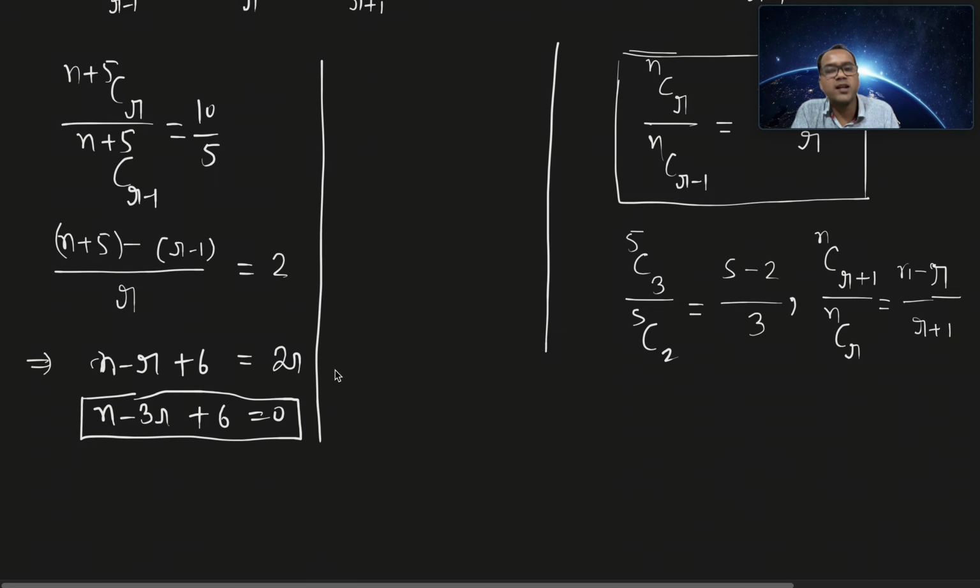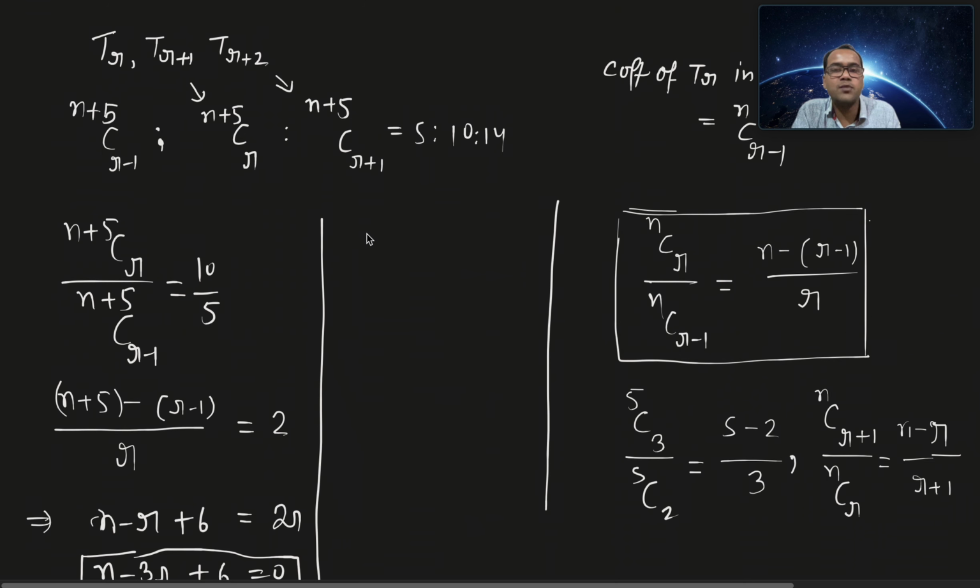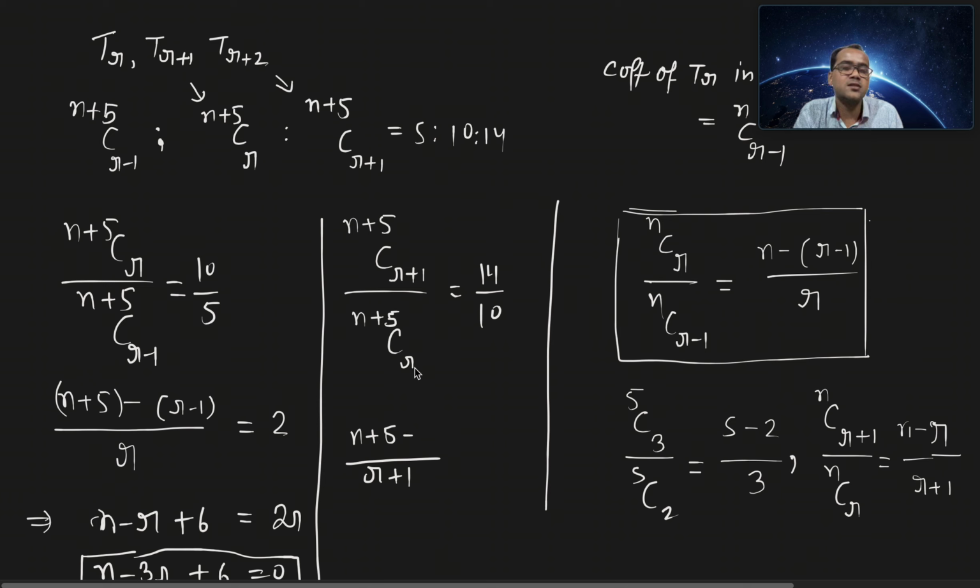Similarly, we can form another equation also. Here we can see n+5C(r+1) upon n+5Cr is equal to 14 upon 10. Here the upper binomial coefficient and lower binomial coefficient gap is 1. It is r+1, it is r. So what should you write? The bigger suffix in the denominator, which is r+1, and in the numerator would be n+5 minus r, the lower suffix, is equal to 14 upon 10, which can be written as 7 upon 5.